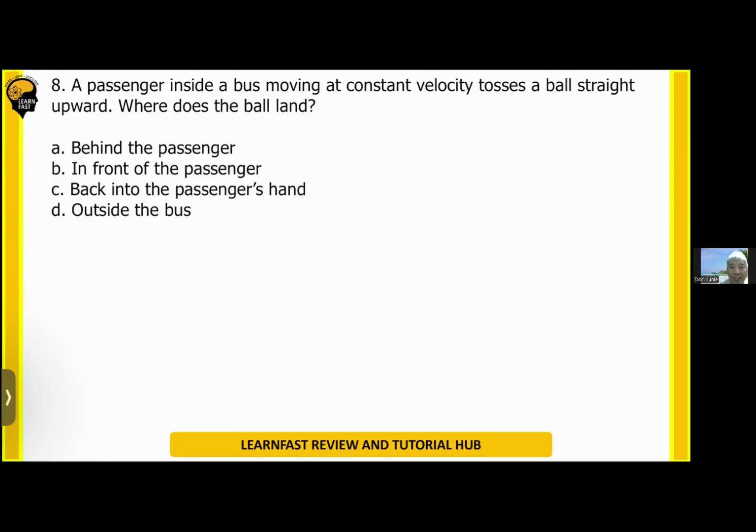A passenger inside the bus is moving at a constant velocity. So the bus is moving at constant velocity. And there is a passenger inside the bus. The passenger tosses the ball straight upward. Okay. So the ball was tossed upward.